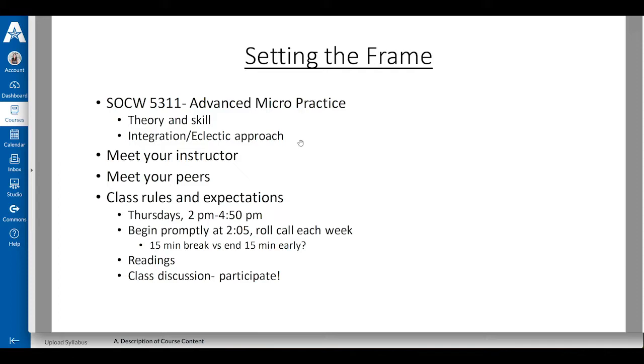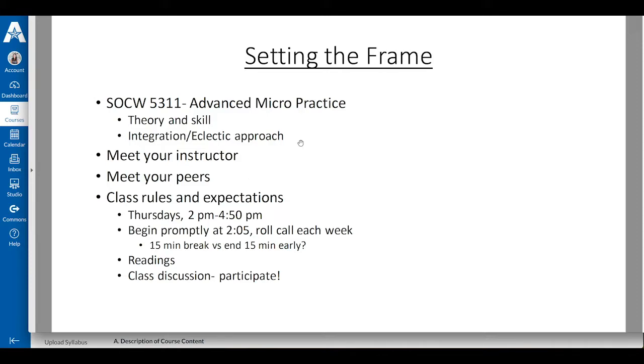So what this means is that no matter your orientation, so if you are a CBT therapist or a psychodynamic therapist, what this class and what the textbooks really suggest is that an integrative approach or an eclectic approach is what may be best indicated for your clients.